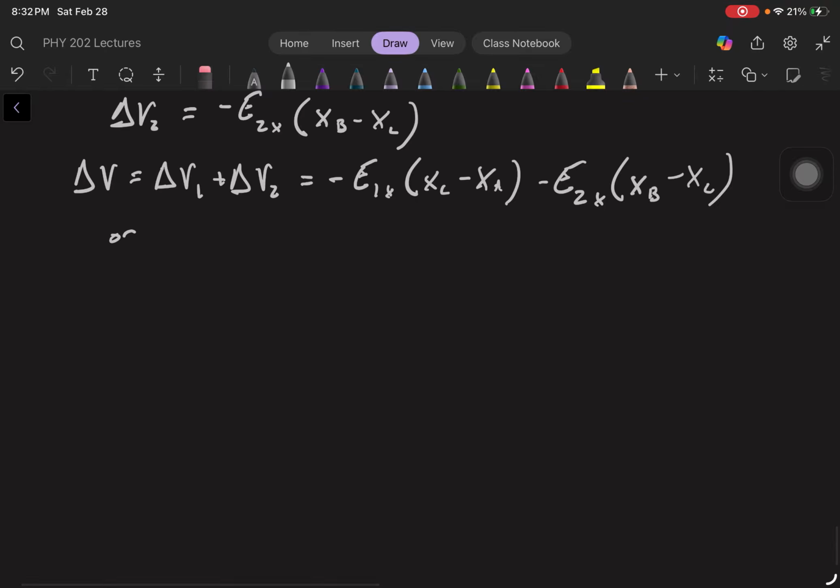Or we could rewrite this as delta V is equal to the sum, all right, over some index, so we'll say goes to n, I guess. That doesn't super matter. And so we'll say negative E sub i x delta x sub i. Right, and that would be good for just x. But let's go ahead and do everything.